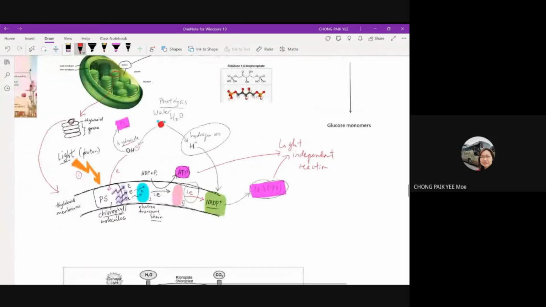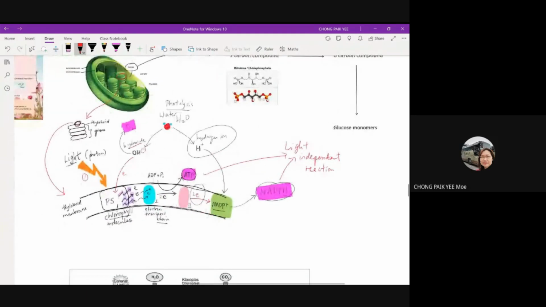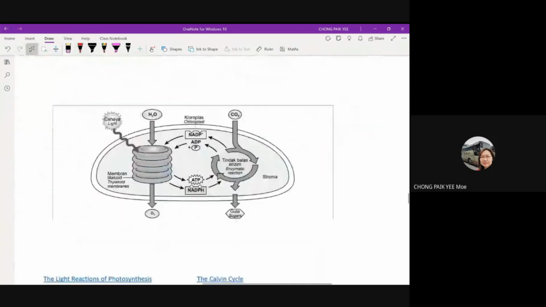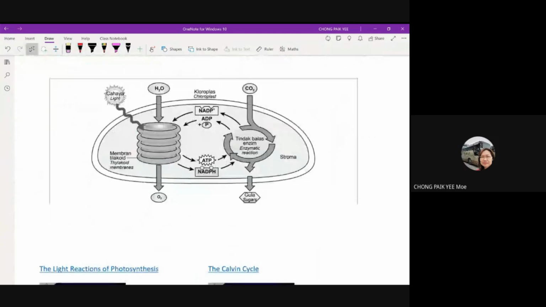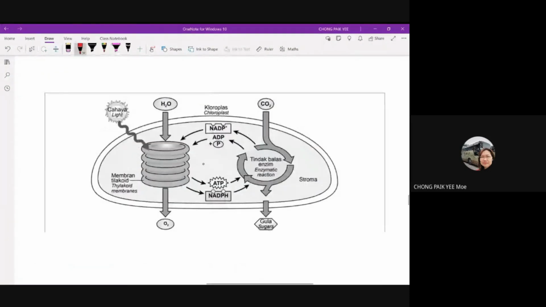Okay, now if you look at the summary here, this is from your workbook. If you take a look at your workbook, on page 35, this is a summary of everything, of course in diagram form. So what you need is light. First of all, this is light.